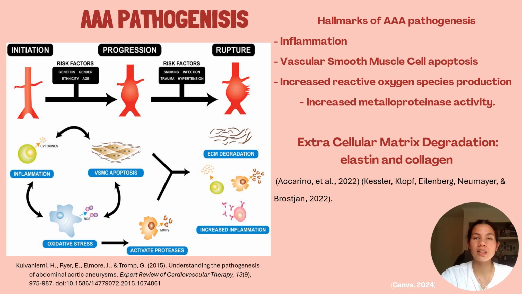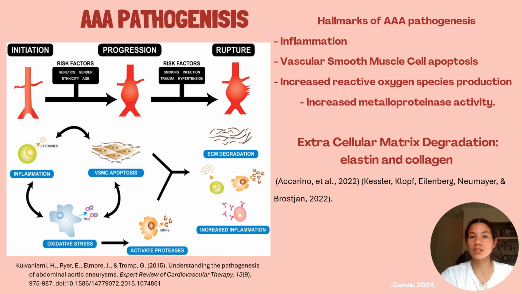Now, starting with the inflammation, this can be triggered by smoking, infections, thoracic trauma, or any chronic inflammatory diseases such as diabetes or dyslipidemia. This then leads to the release of cytokines, which can directly induce vascular smooth muscle cell apoptosis, as well as induce the production of more oxidative stress.